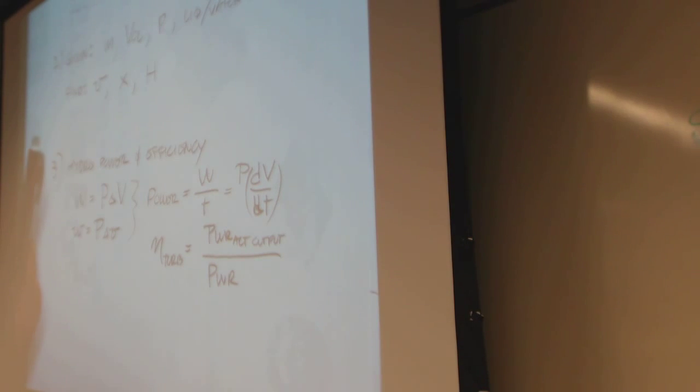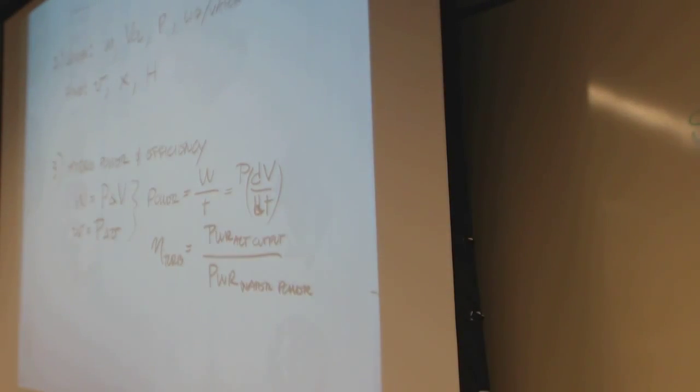that's what you got, the actual output. What did you put into it? What went in? What did it cost you? It's the power that was in the water, which is this one.